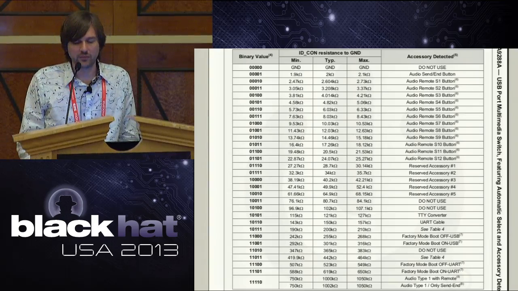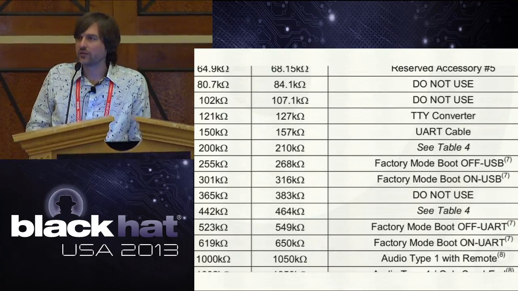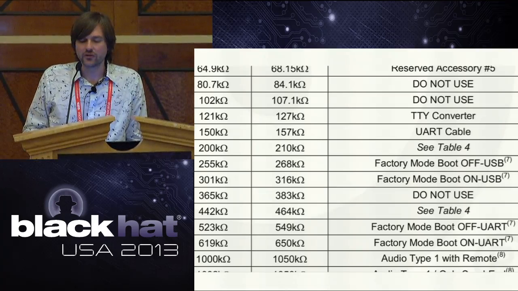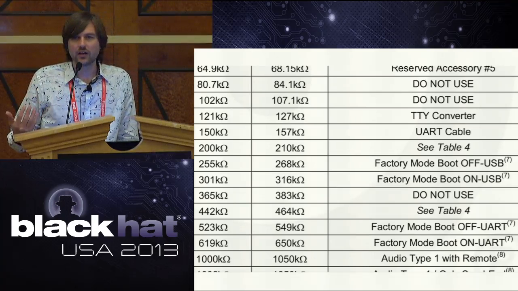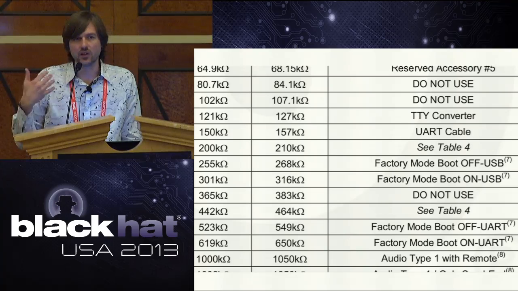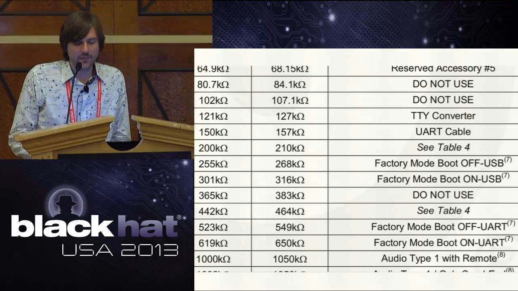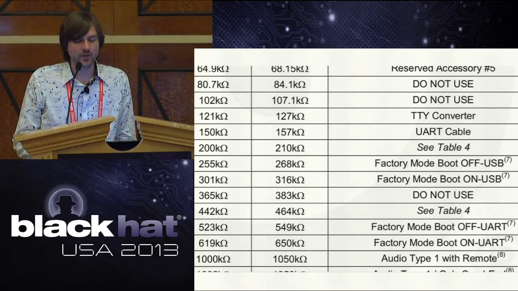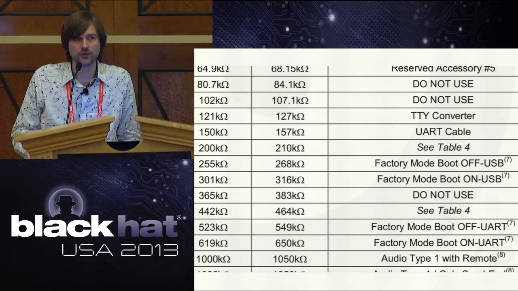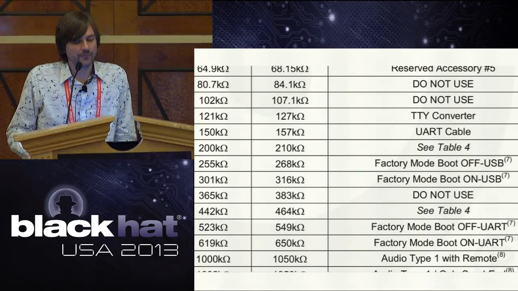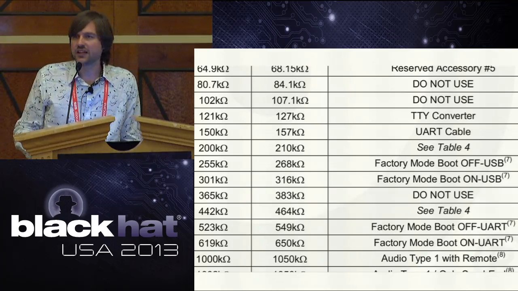And I'll just zoom in a little bit on a section that's interesting to us. There are a number of TTY converters, UART, factory mode, boot modes. These things are debug interfaces and programming interfaces for loading code onto a phone or debugging that phone in some way. And in particular, we found a lot of phones, especially Samsung phones, have this UART cable line for a 150 kilo ohm resistor.